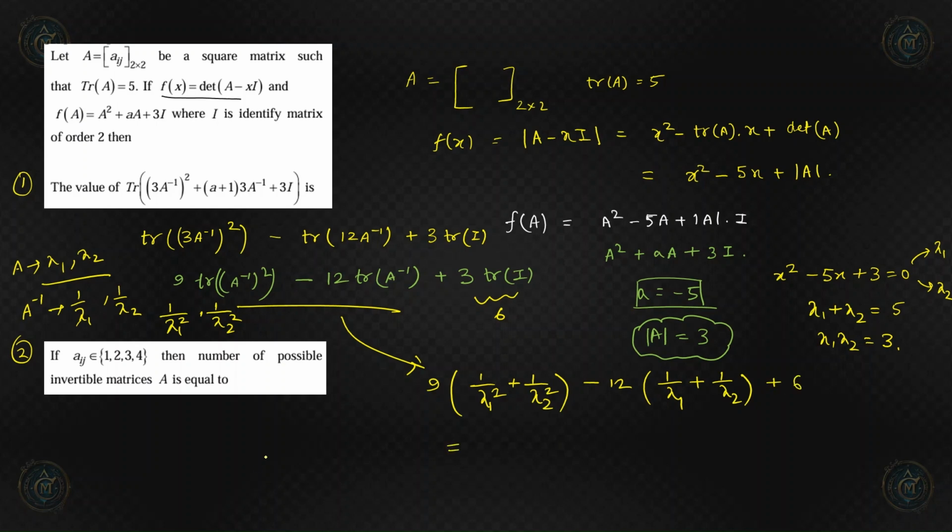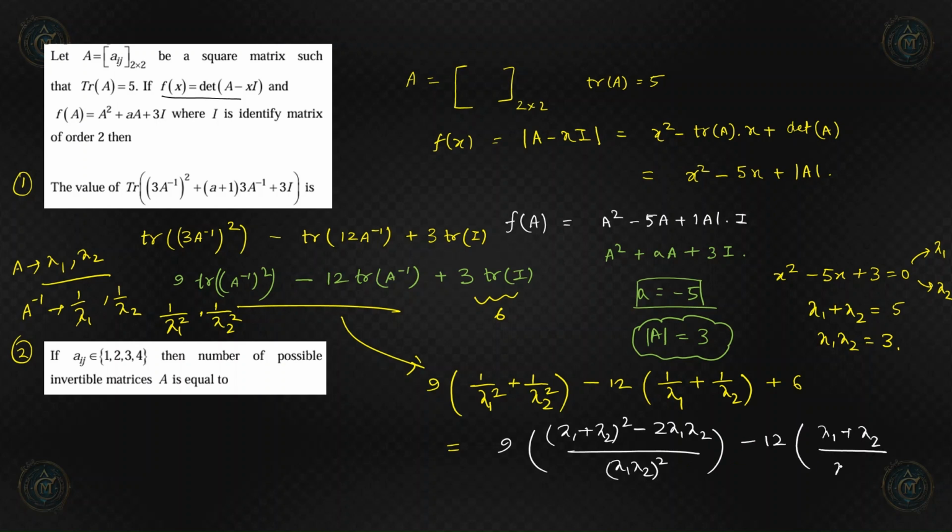So we have to simply calculate this here. This will be lambda 1 square plus lambda 2 square, which we can write as lambda 1 plus lambda 2 whole square minus 2 lambda 1 lambda 2, divided by lambda 1 lambda 2 whole square. Minus 12 times lambda 1 plus lambda 2 divided by lambda 1 lambda 2, plus 6.